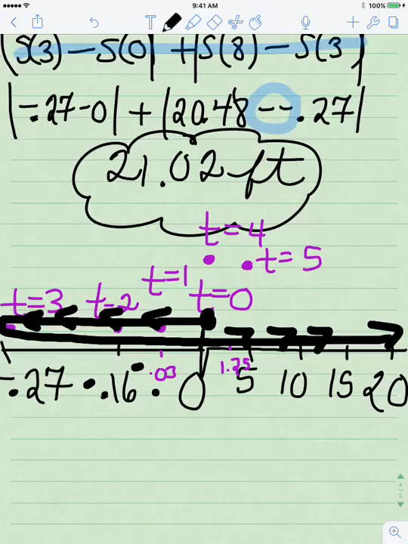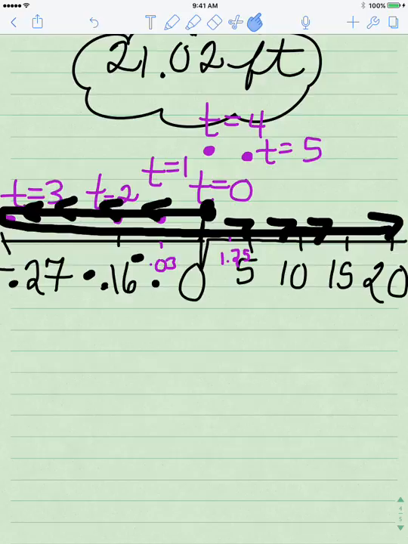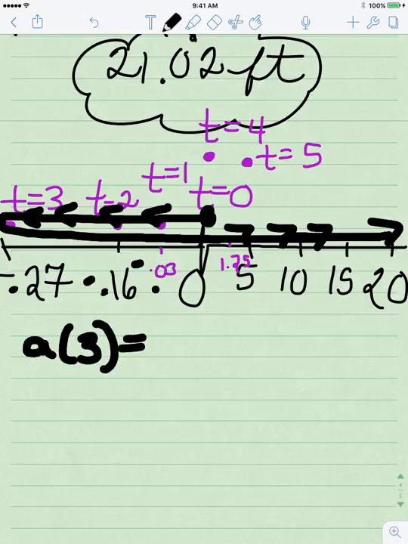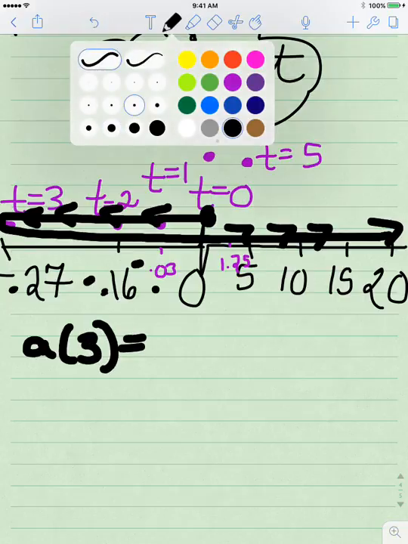For part G, it says find the acceleration after 3 seconds. Okay, so let's go ahead and do that. So A of 3. And you can go ahead, again, and do this and then just pause and see if you and I get the same answer. So A of 3, this ink is too thick, sorry guys, let me see here. There we go.